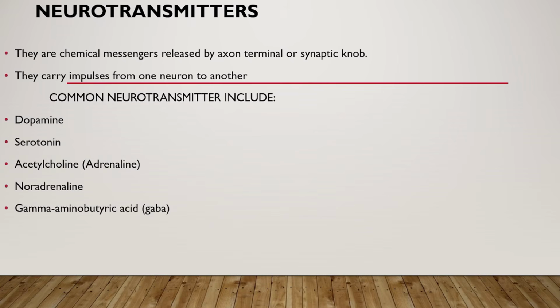The impulse will be carried by this chemical into the postsynaptic neurons. Then the impulses will continue their propagation, while the chemical messengers are either destroyed by enzymes or reabsorbed back into the synaptic knob.